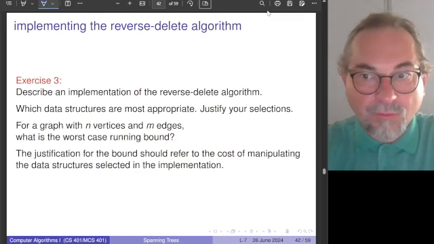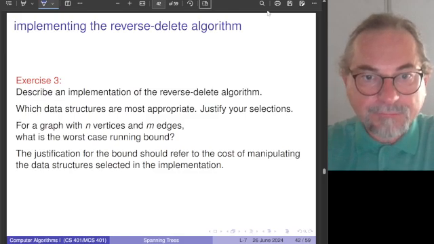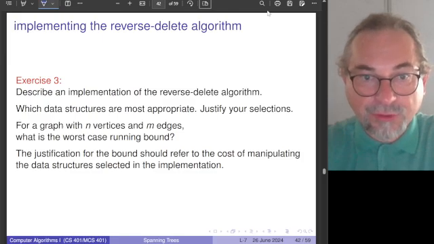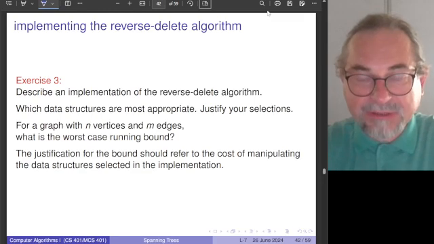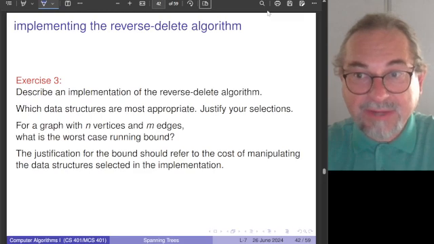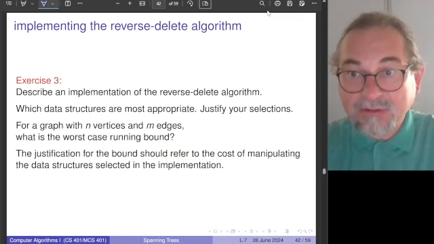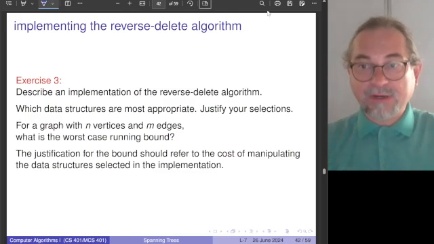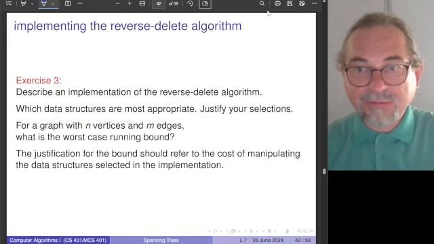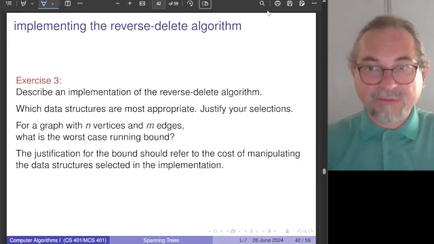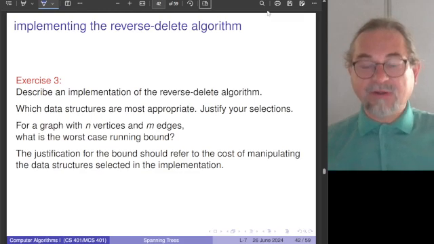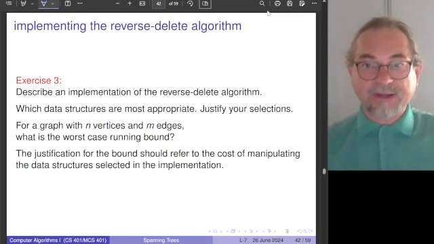So which data structure should you choose now? Justify your choice. And remember our graph representations, adjacency matrix or adjacency lists. Our running example was probably a typical graph with not that many more edges than vertices, but you can already see that with reverse delete, you will have to delete a lot of edges if you have a fully connected graph.